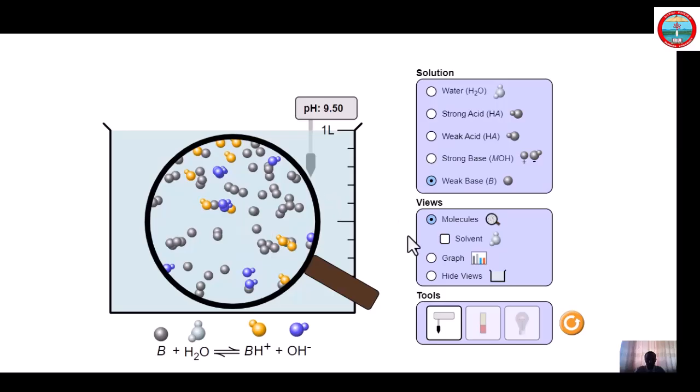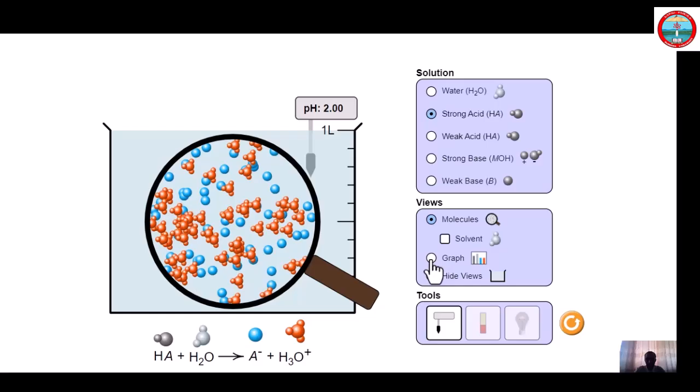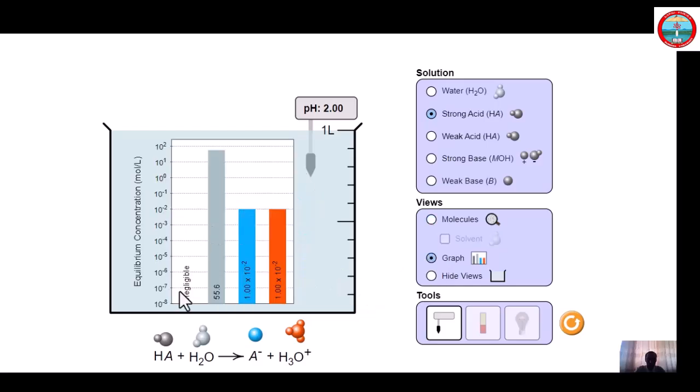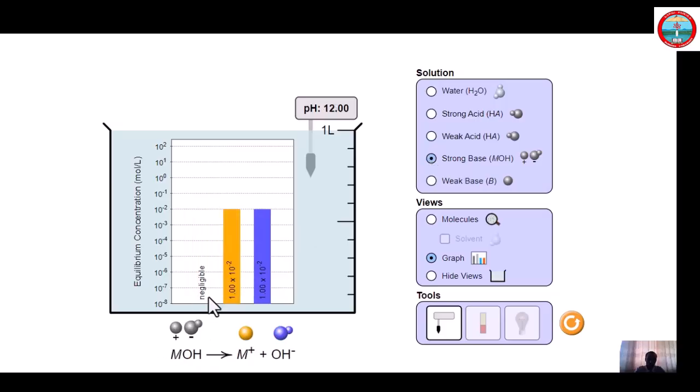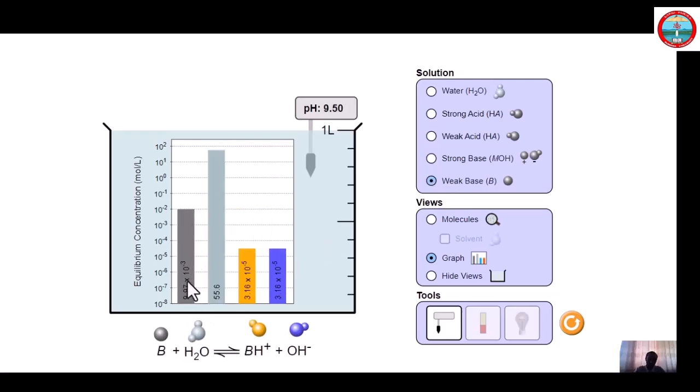At the graph level, we can see that for the strong acid, there is no concentration of acid left over, but if the acid is weak, there is a small concentration of the acid left over after dissociation. Similarly for strong base, there is no base left over after dissociation, but for weak base, there is a small amount of base left over after dissociation.